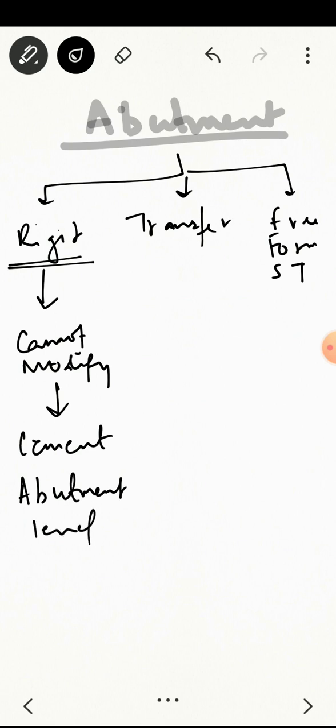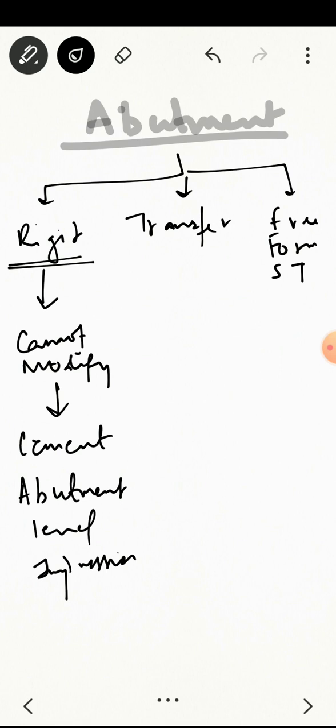Simply, you have to remove the gingival former or the healing abutment. You place the rigid abutment and tighten it with the screw that is given with the rigid abutment in the packet itself. Then you place your impression coping above it and take the necessary impression with a closed tray.